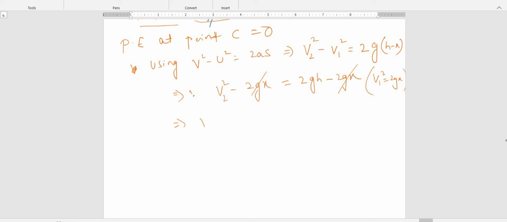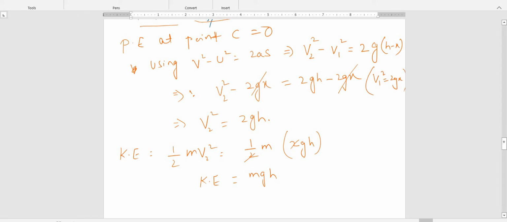Okay, so this gives me v2 square is equal to 2gh. Therefore the kinetic energy formula will be half m v2 square, that is half m into 2gh. How much? The 2 cancels out, that is mgh. Okay, so I've got the kinetic energy.